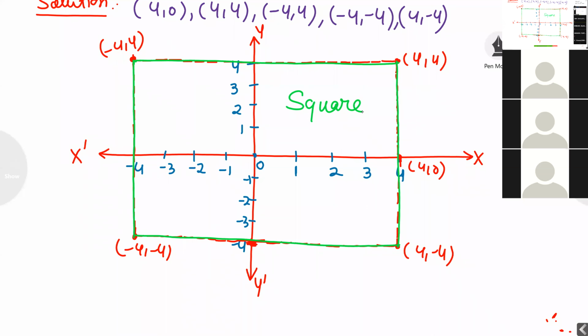Area of a square is equal to side into side. What is the side here? Left side is 4, right side is -4, means 4 plus 4. Length is 8 units, 8 centimeter. Then area of a square is side into side. Mention scale here. 1 unit is equal to 1 centimeter.